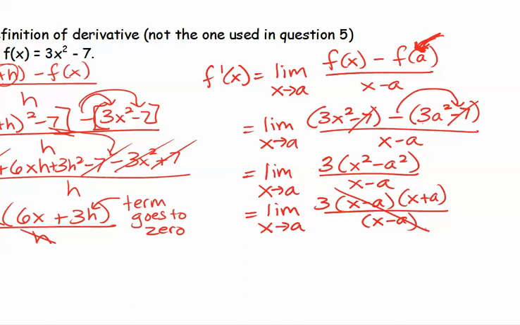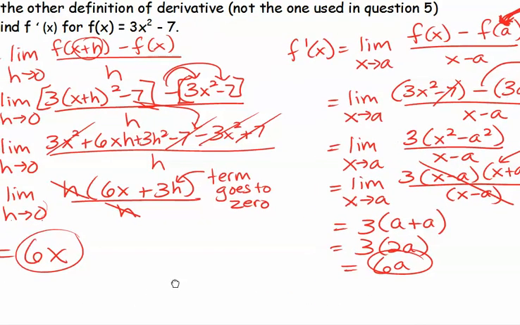So we've removed the 0 over 0 problem, and now we're ready to do our limit operation. X is going to turn into a. So this x is going to turn into an a as we do the limit. And there we come up with 3 times 2a. And our result this time is not 6x, but 6a.